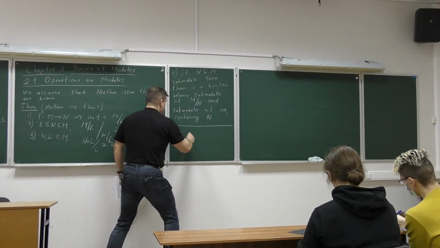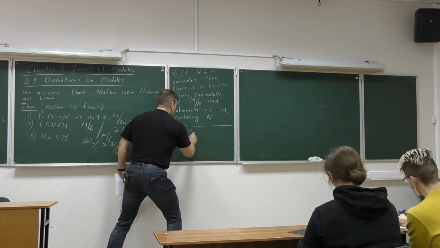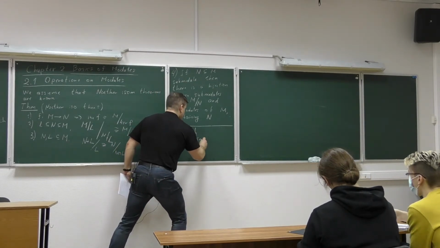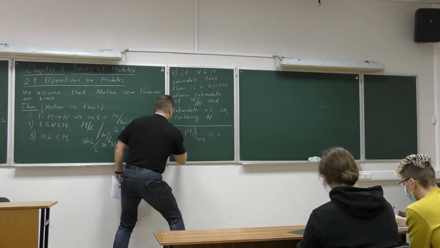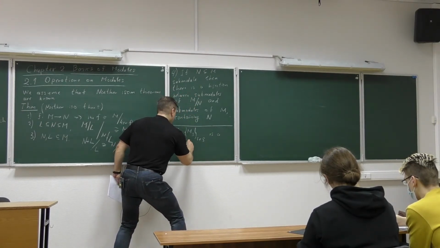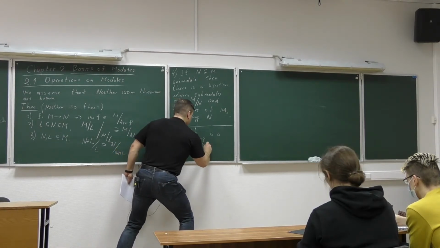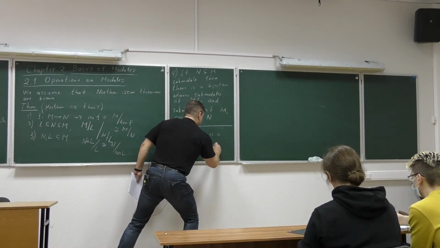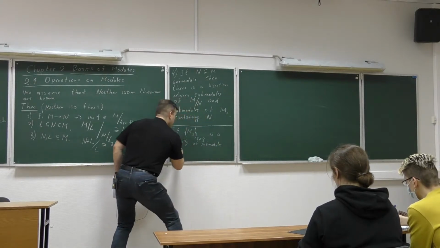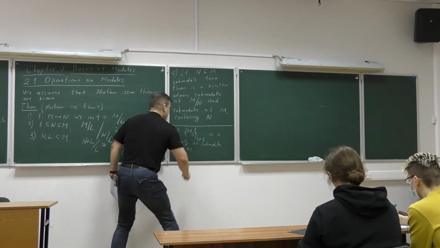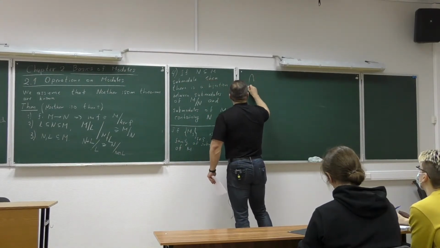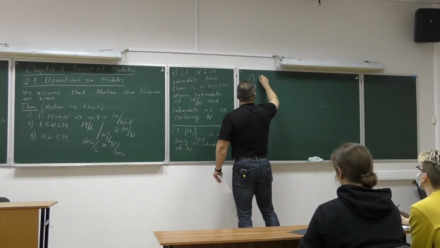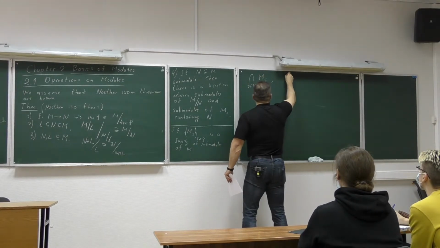If you have a family of submodules, parameterized by any set, so if this is a family of submodules of some module M, then of course you can define the intersection and you can define the sum.